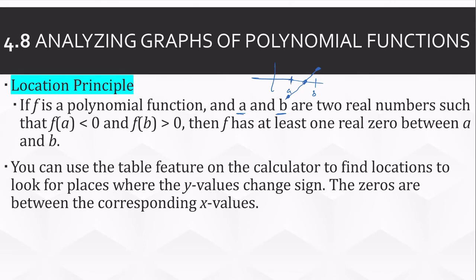So that means we can use the table feature in the calculator and find locations to look for where the y values change signs. So the zeros are always between the corresponding x values.